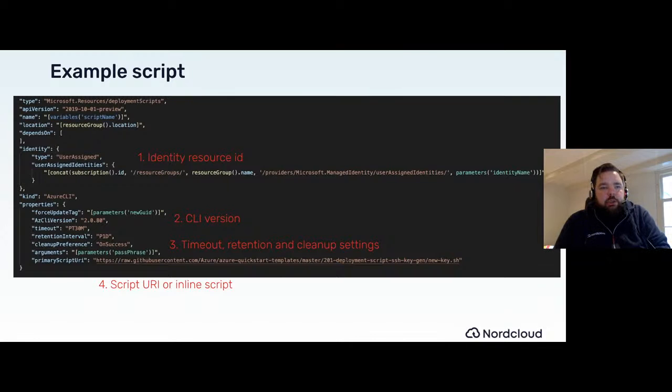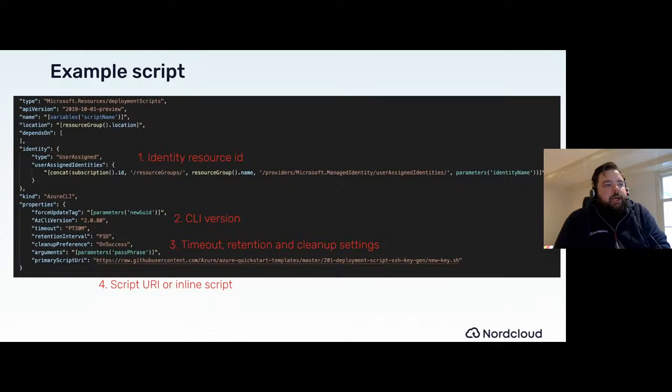So for 24 hours, you can still see the input, the output, and the result of the script in your portal, through PowerShell or whatever you want to check it with. You can set that between 30 minutes and I think 30 days was the maximum. There are different cleanup preferences, like on success, on failure, only on error, I think was one of them.